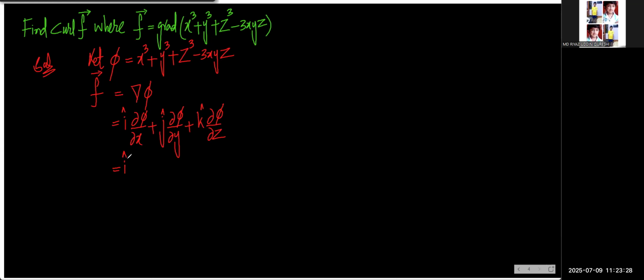I cap as it is. Now with respect to x, what's the answer? Phi with respect to x is 3x square minus 3yz.